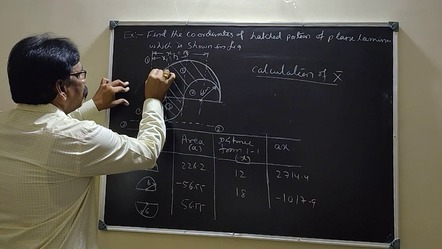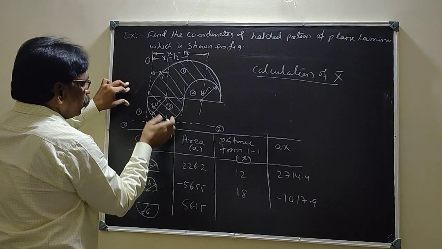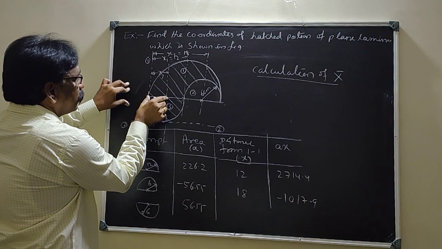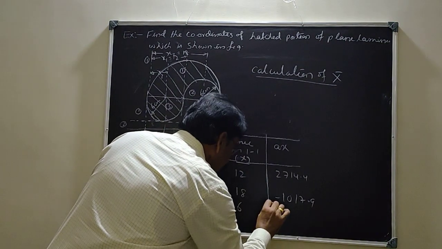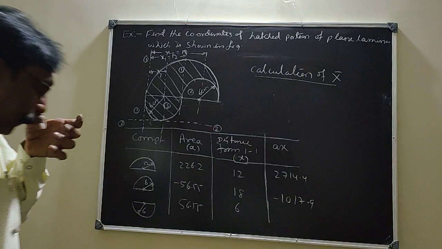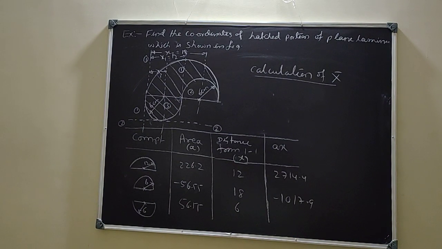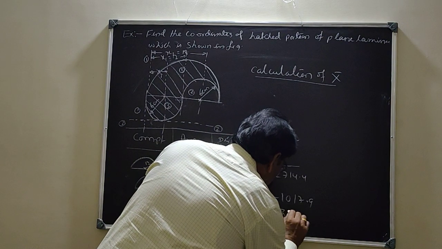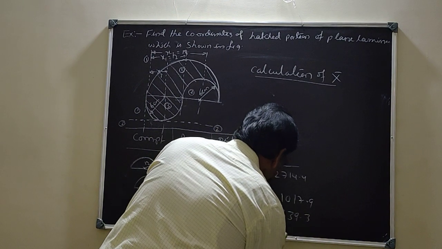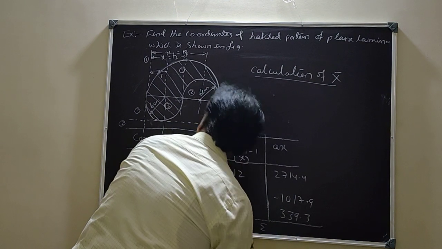So x3 is equal to the radius of this semicircle, that is 6 centimeter. And now the product of the area and the distance will be 339.3. So now all are over.